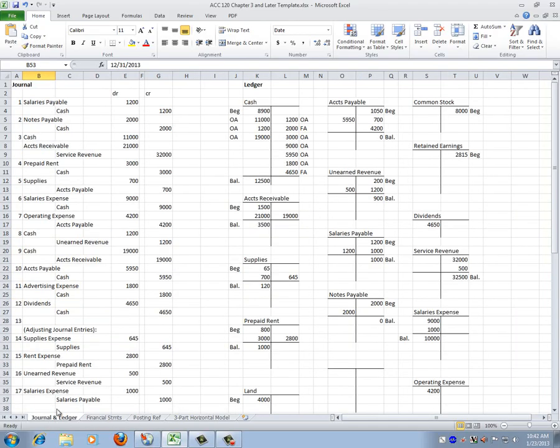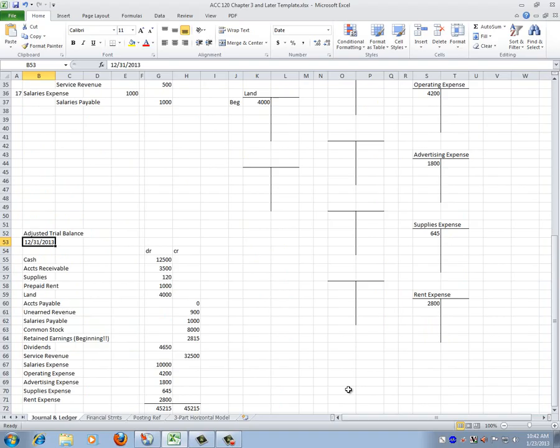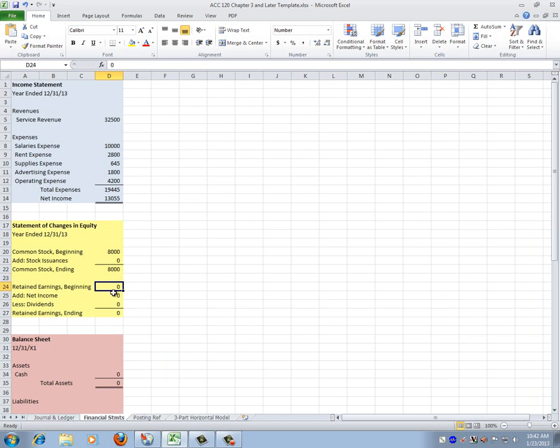We do actually know our beginning retained earnings from our adjusted trial balance. Remember, that is the one account at this stage still showing beginning, 2008-15 of beginning retained earnings. Of course, 3 types of events we'll say for now change it. Revenues increase retained earnings, expenses decrease retained earnings, dividends decrease retained earnings.